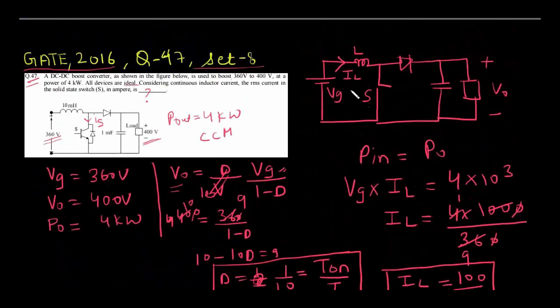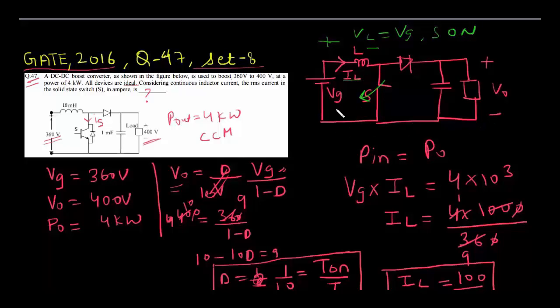So when switch S is on, the voltage across the inductor is Vg, so VL is equal to Vg when S is on. Inductor current will build up during the on interval.